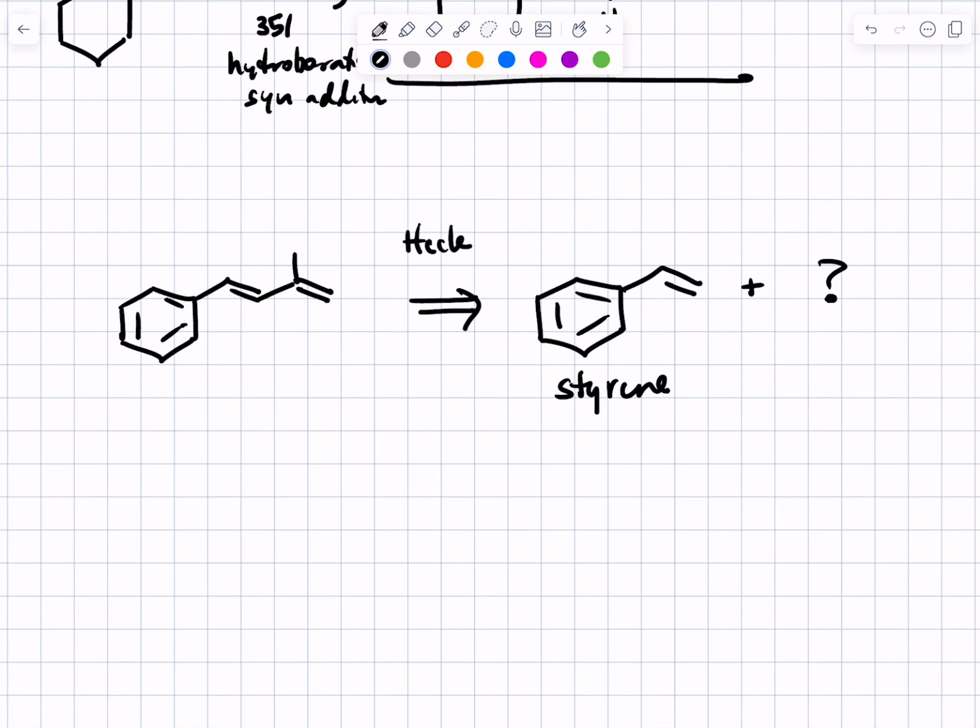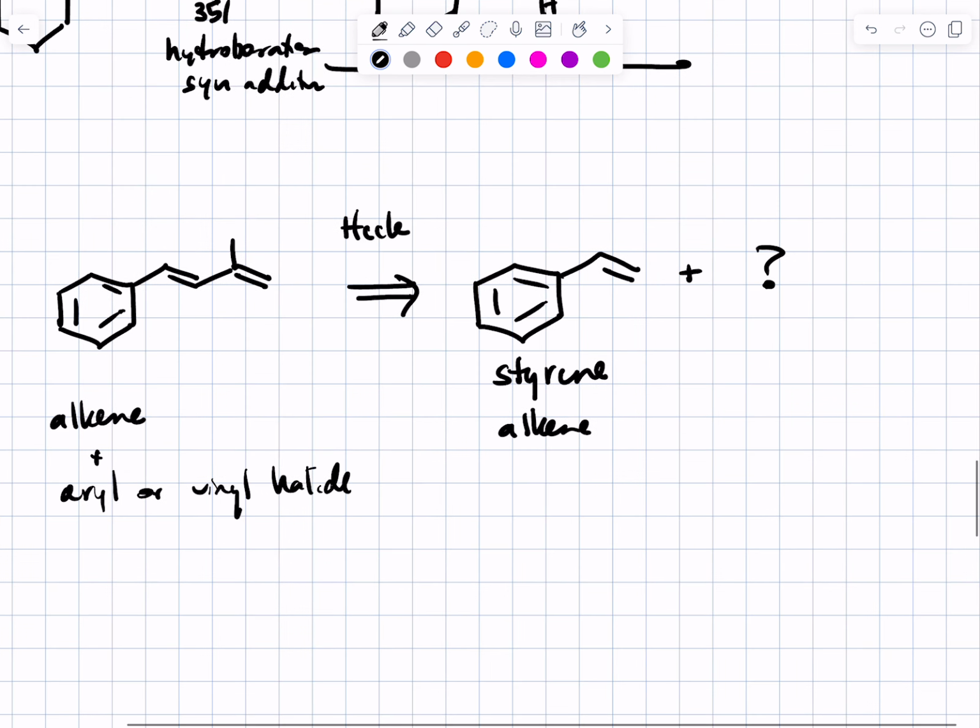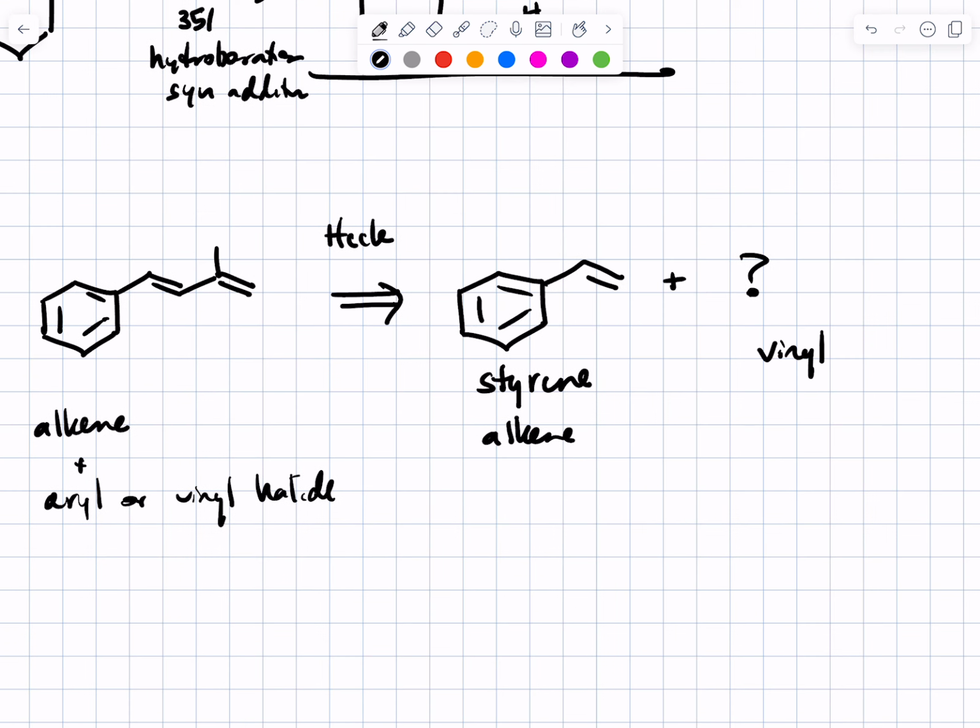So to do this, you need to remember that the Heck reaction works on an alkene and then a vinyl or aryl halide. So you'd have to realize that the styrene checks off the alkene, so your other reactive partner needs to be a vinyl halide.